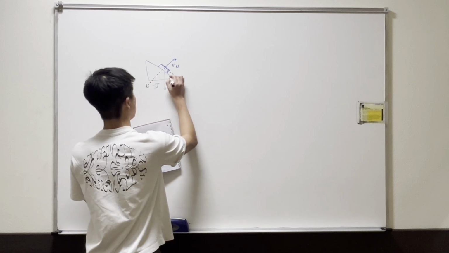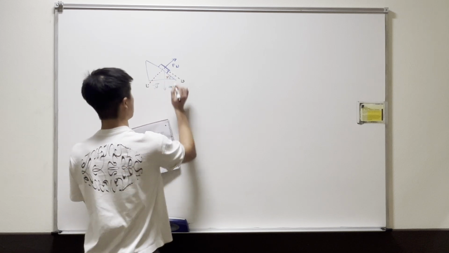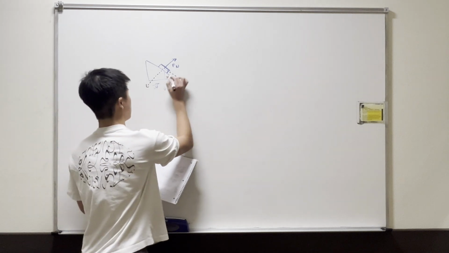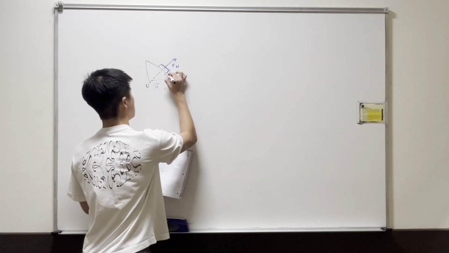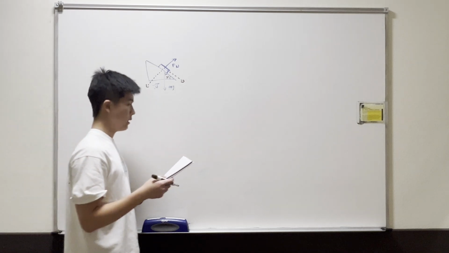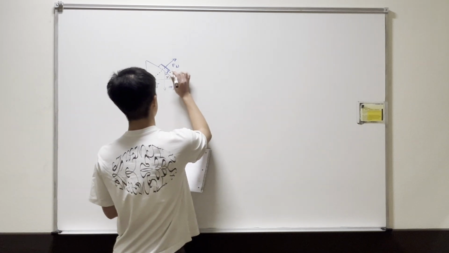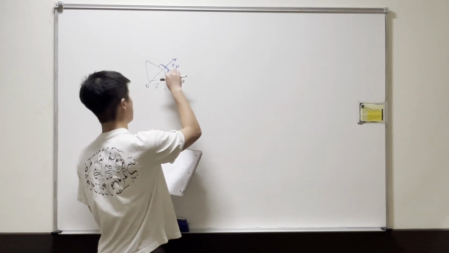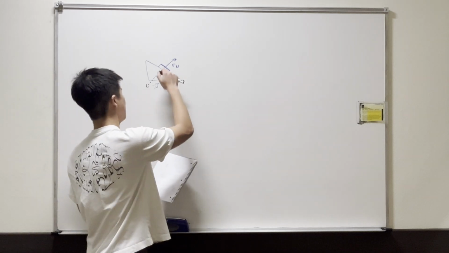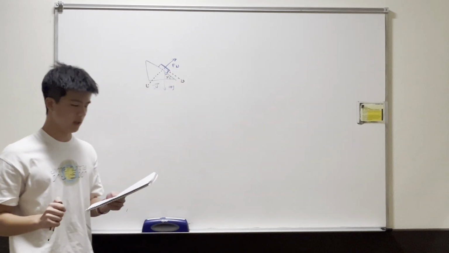And so we were given that this is 30 degrees. However, since we know this is a right triangle, we also know that this is 60 degrees, because the angles in a triangle add up to 180, and 90 plus 90 is 180.